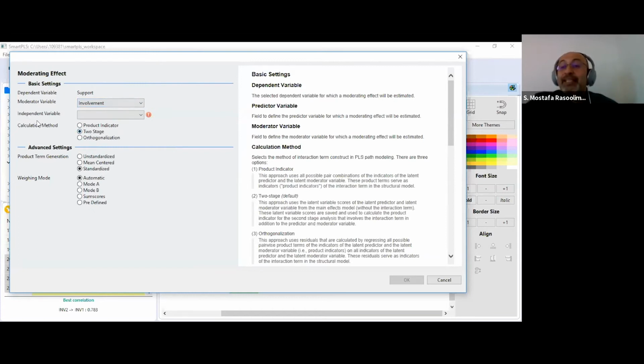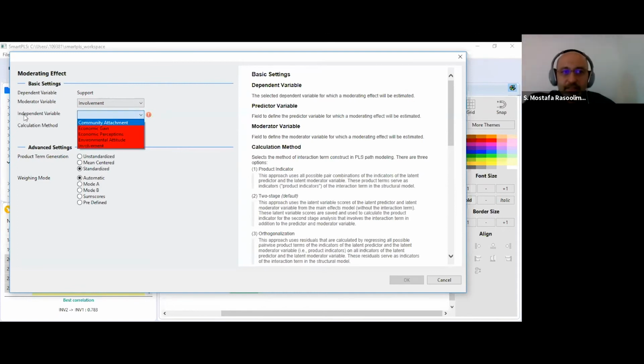And independent variable. Independent variable means the variable that you want to moderate involvement for, IV and DV, between this IV and DV.